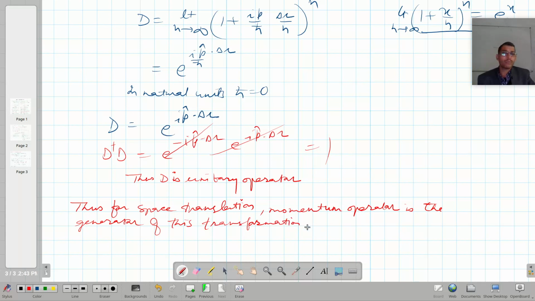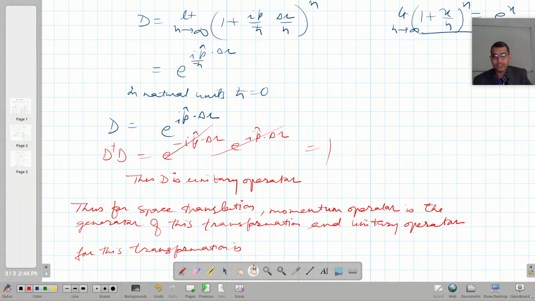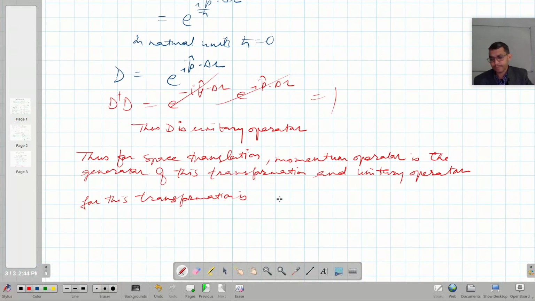And the unitary operator for this transformation is e raised to power iota p delta r.